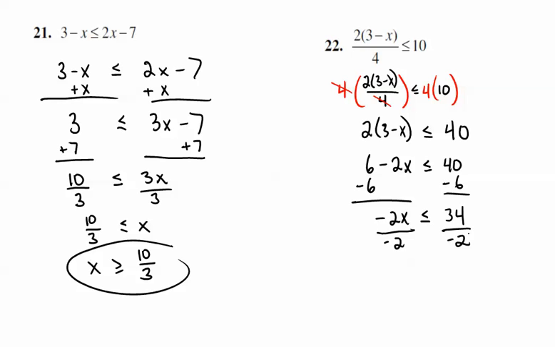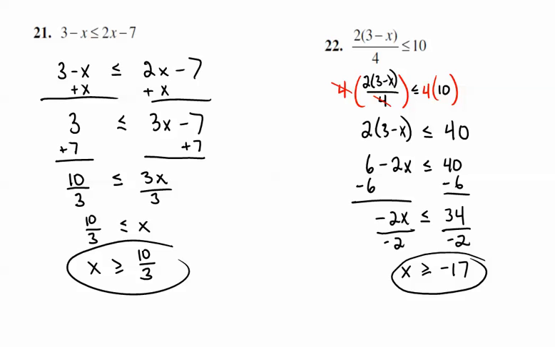And when you divide or multiply both sides by a negative number, that's the first thing you want to do, is to change the direction of your inequality. And it becomes x greater than or equal to negative 17. So when you multiply or divide both sides by some negative value, you are going to change the direction of your inequality.